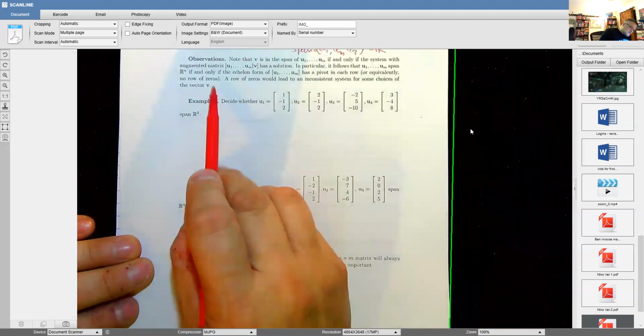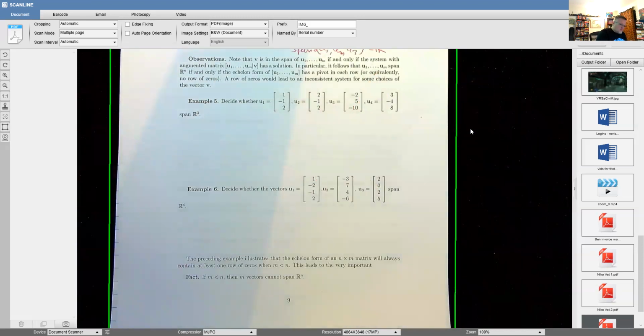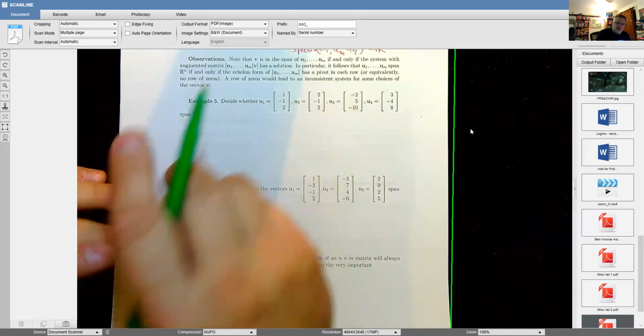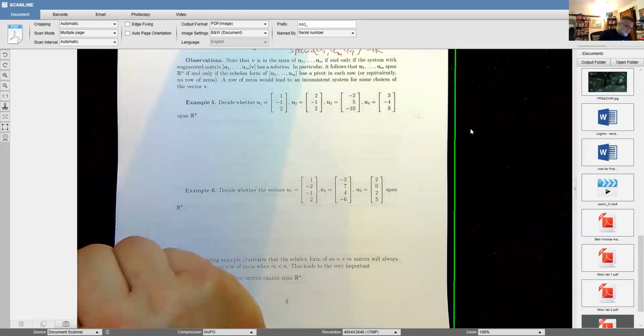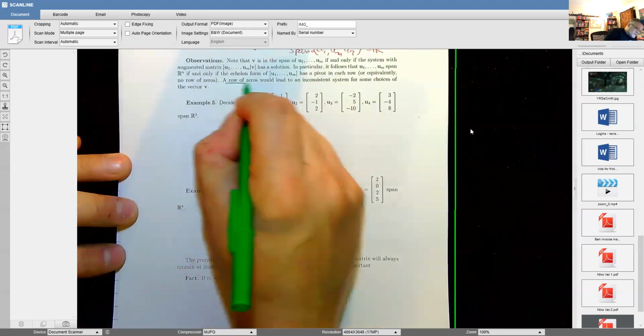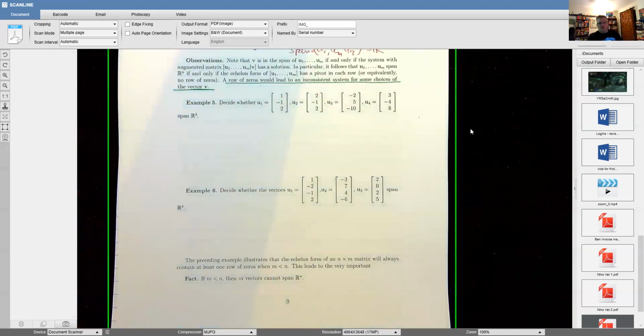This is just an observation that we've now made over several examples. The only way that vectors are going to span a space is if, in the end, there are no 0 rows in the echelon form of the augmented matrix. A 0 row, we noticed, would lead to an inconsistent system for some choices of the vector.